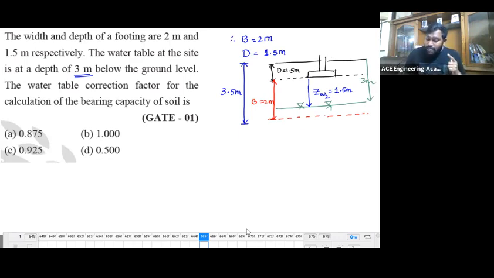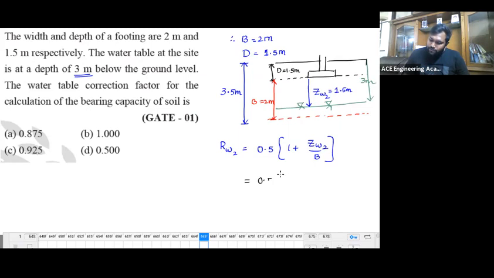But as the water table is lying below the ground level, meaning below the base of the footing, the water table correction factor is nothing but 0.5 into (1 plus ZW2 by B). Have you remembered this? If you have remembered, I hope you got to know what ZW2 means. What is the total depth of water from ground level? 3 meters. Out of that, 1.5 above the footing and 1.5 below the footing.